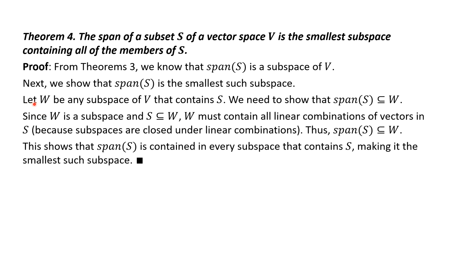So let W be any subspace of V that contains S. We want to show that span S is a subset of W. Since W is a subspace and S is a subset of W, W must contain all linear combinations of vectors in S because subspaces are closed under linear combinations.